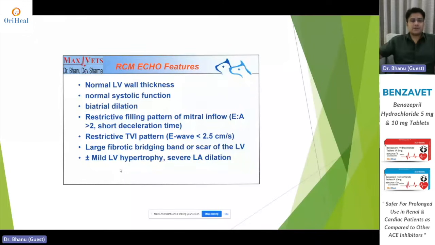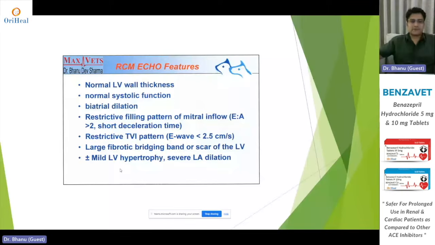Restrictive tissue velocity imaging pattern, for those of us who have this feature in the echo machines, is also a very good feature by which we detect RCM. So in this, the E wave velocity has to be less than 2.5 centimeters per second. In a lot of these cases, there would be a large fibrotic bridging band or scar of the left ventricle. Sometimes this hyperechoic band or scar in the left ventricle, we generally come across in advanced cases of RCM.